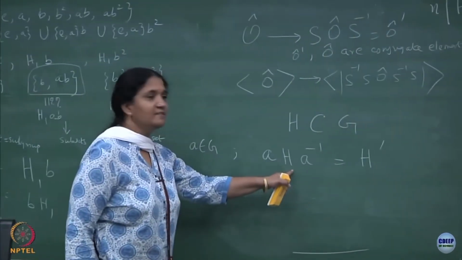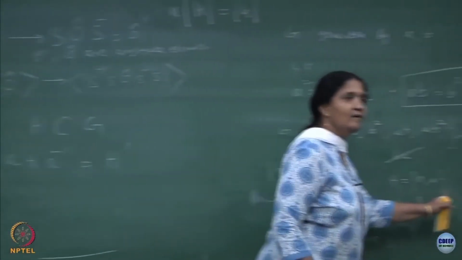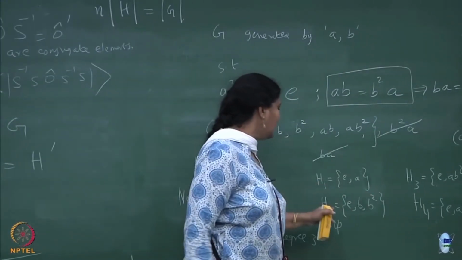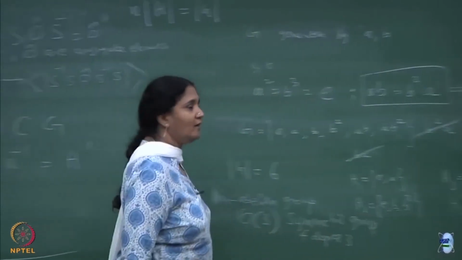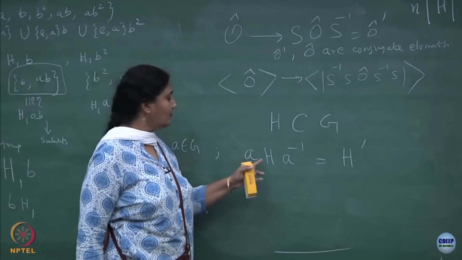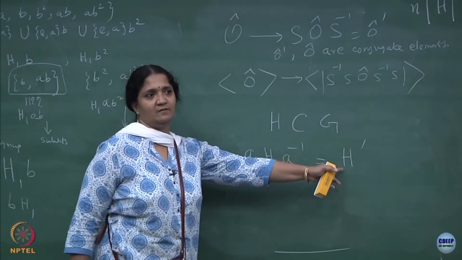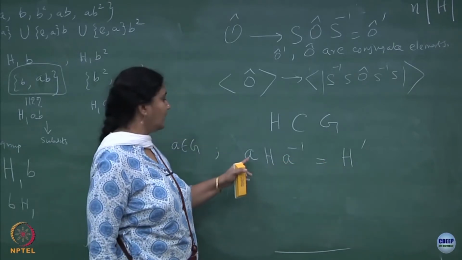There are some elements here in the subgroup. Let us take a simple example like E, A, but do not confuse the same A. Let us take H2, E, B, B squared. If you multiply within the elements of the subgroup, you do not get anything new.